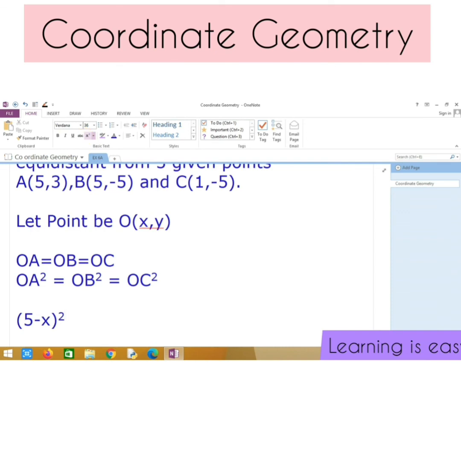So (5 minus x) whole square, that's OA square, x coordinates plus the y coordinates is (3 minus y) whole square equal to OB square, which is (5 minus x) whole square plus (minus 5 minus y) whole square.